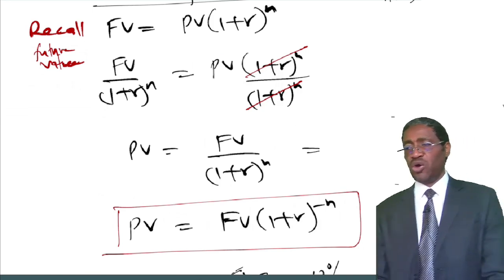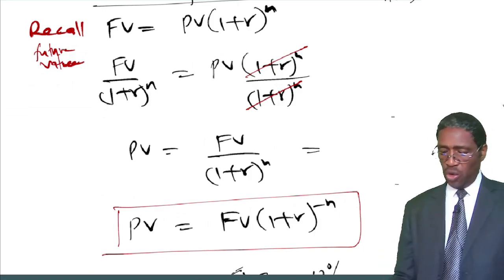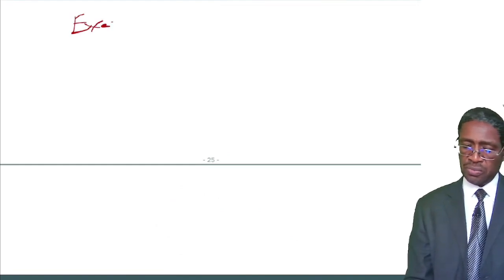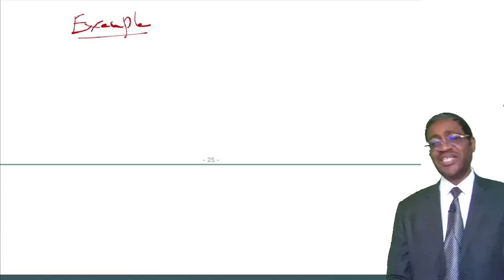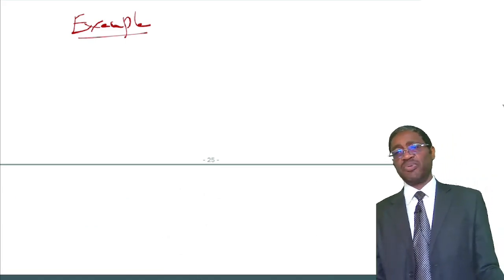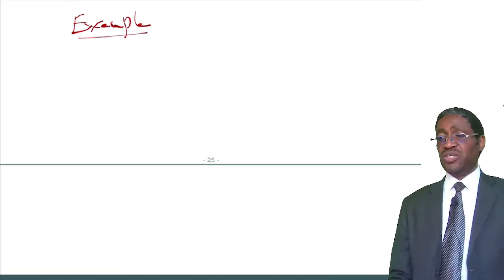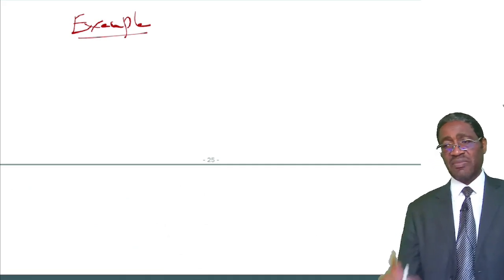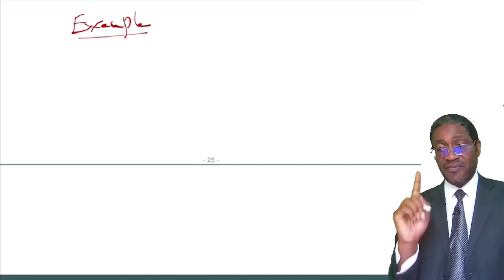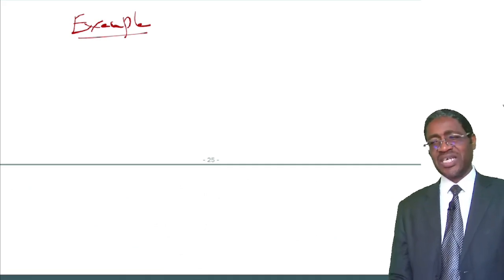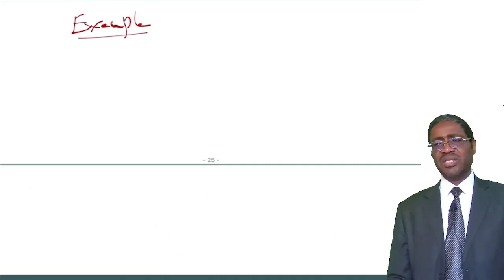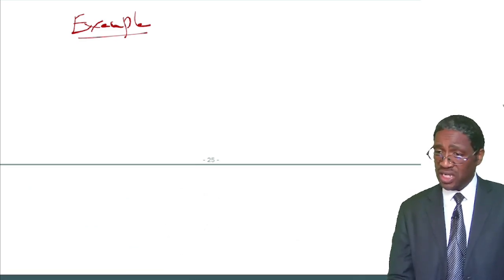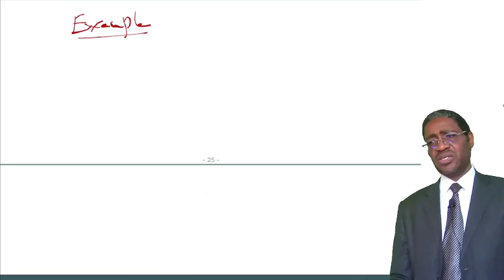Determine the present value of shillings 500,000 expected after 5 years.